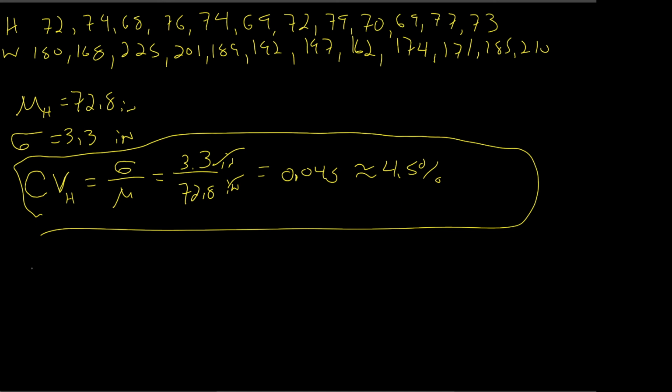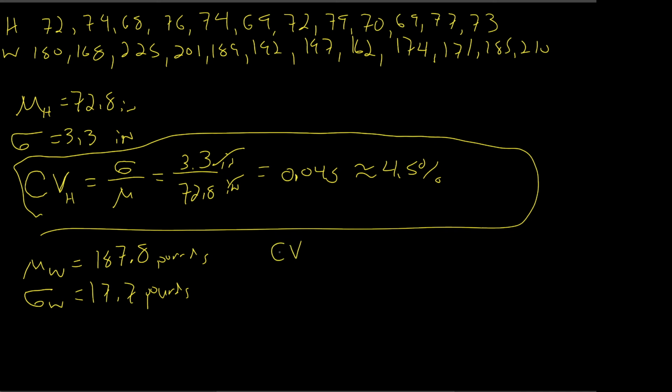Well, if I go back and I find the mean of the weights, I find that the weights are 187.8 pounds with a standard deviation of 17.7 pounds. But I can't compare pounds to inches. But if I take the coefficient of variation for the weight, and I take the 17.7 and I divide it by the 187.8, I get 0.094, or approximately 9.4%.